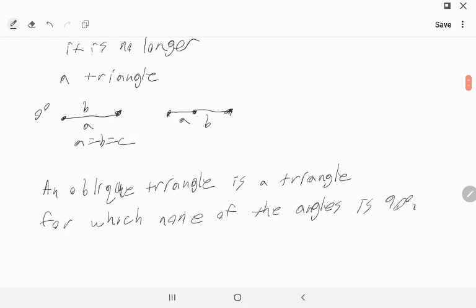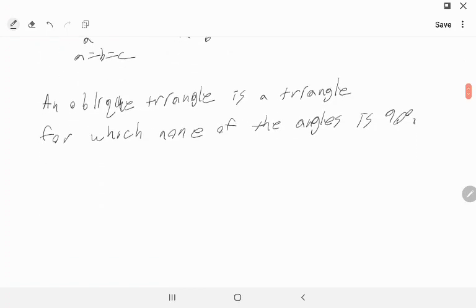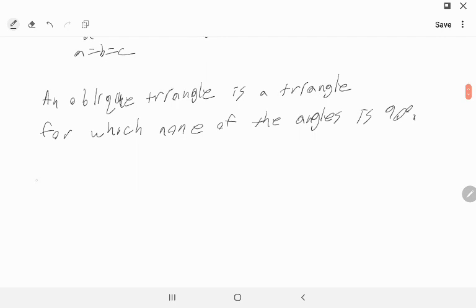And it turns out that we have an interesting quirk of triangles that lets us still find out things about these. So we have something called the law of sines.